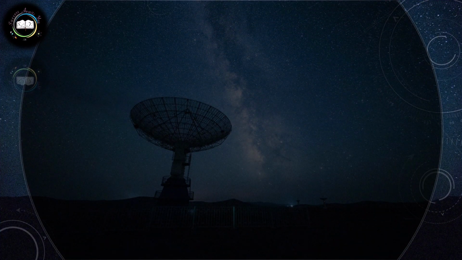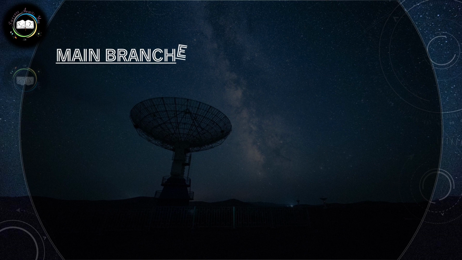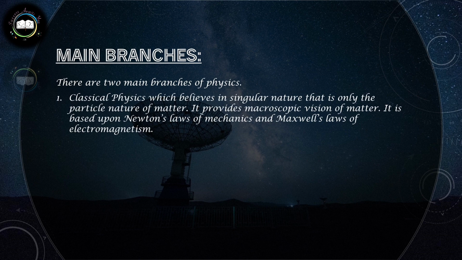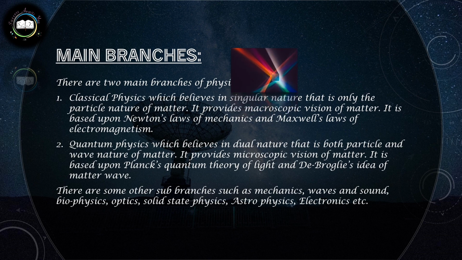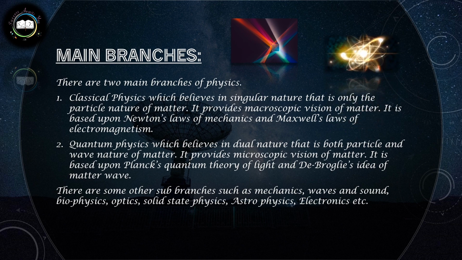But physics isn't just limited to some examples, rather it's divided into many branches. There are two main branches as of today, classical and quantum or modern physics, and then there are some other sub-branches of physics such as nuclear, astro, bio, electronics, fluid mechanics, etc.